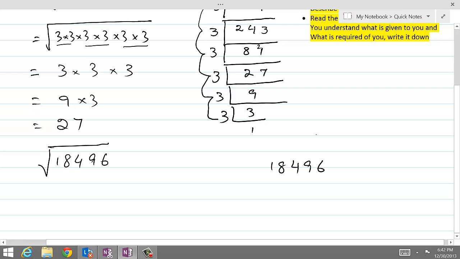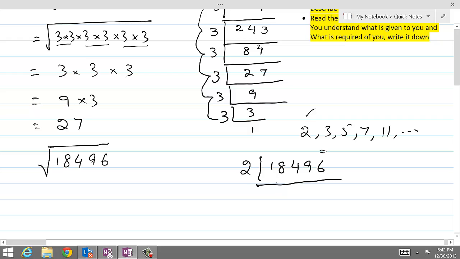Let's write a few prime numbers like we did before: 2, 3, 5, 7, 11 and so on. In order to start the small division process, we take a look at the last digit, which is 6, and it's even, so comfortably we can divide it by 2.